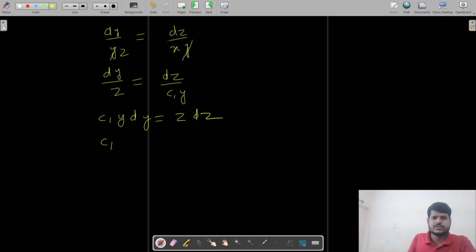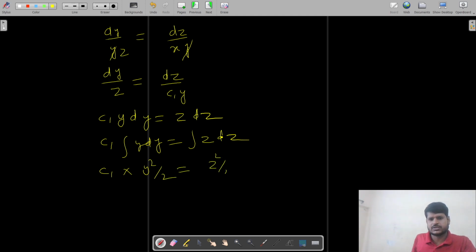So c1 times the integration of y dy equals the integration of z dz. We have c1 into y square by 2 is equal to z square by 2, right? I am adding a constant here. So this is c1 y square minus z square equal to c2.